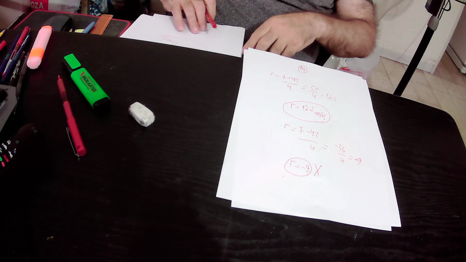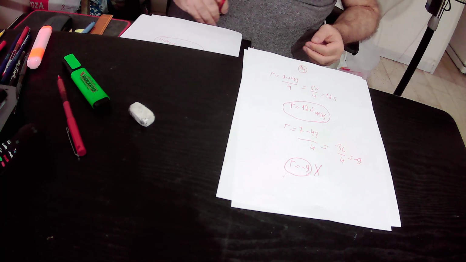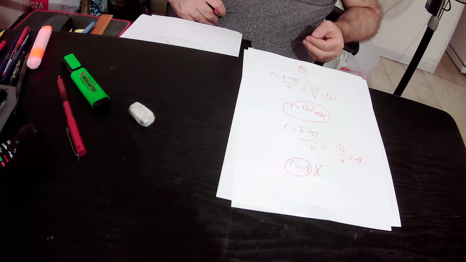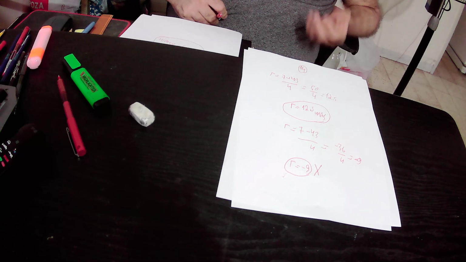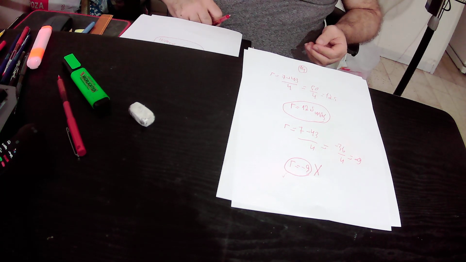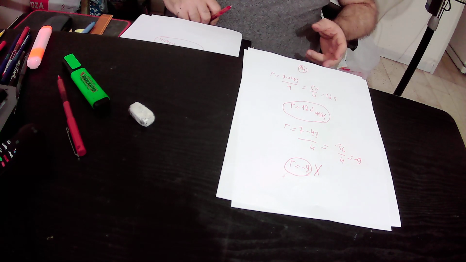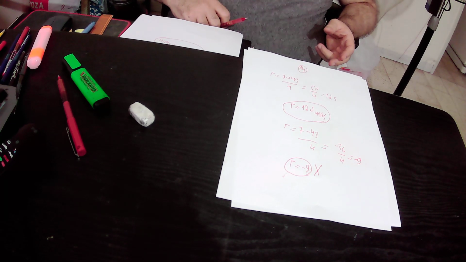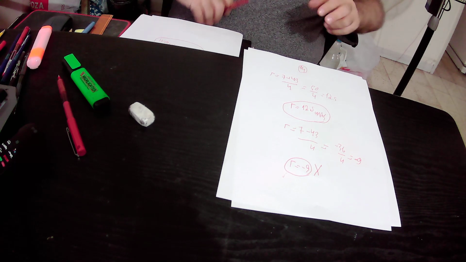We found also that r equals minus 9, but because r is the radius of the circle, it must be a positive number, so r equals minus 9 is not possible, is not correct, so we cancel this possibility.